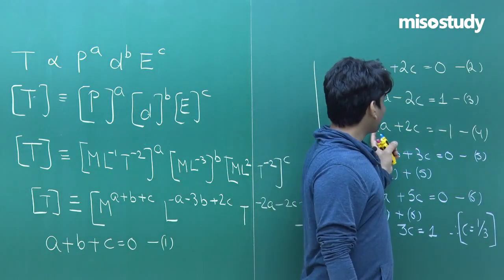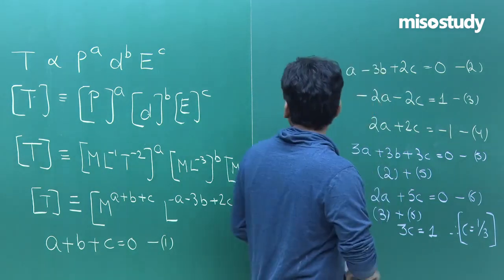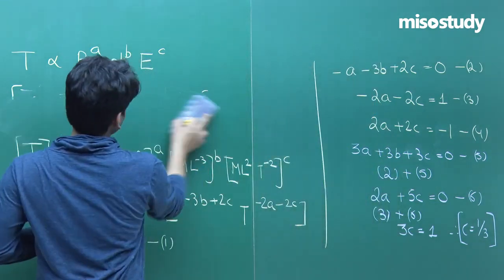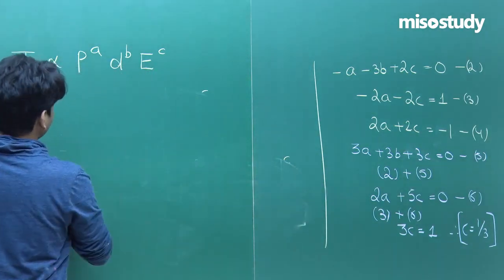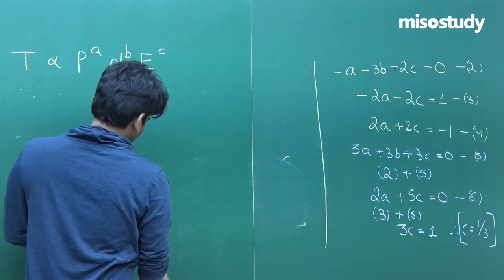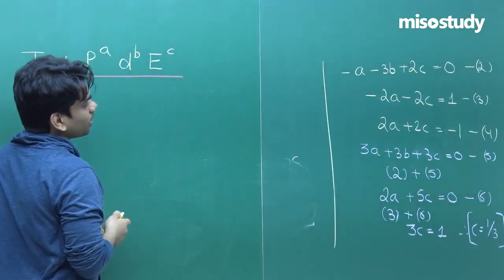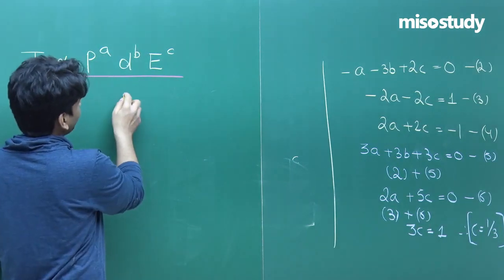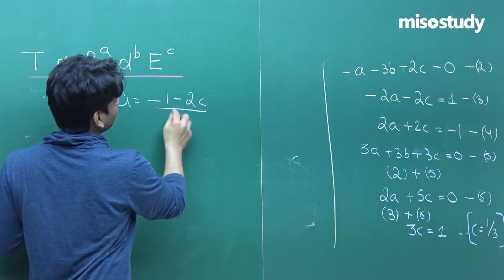Next one, if C is 1 by 3, A will be what? Let me write down the value of A. A is equal to minus 1 minus 2C divided by 2.